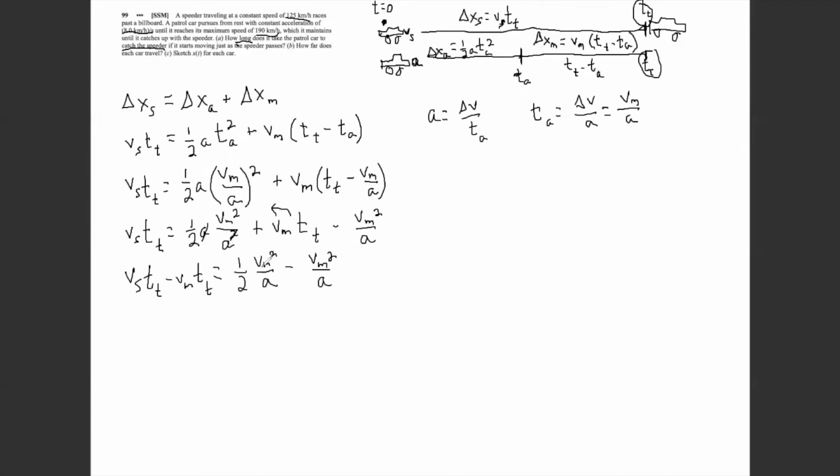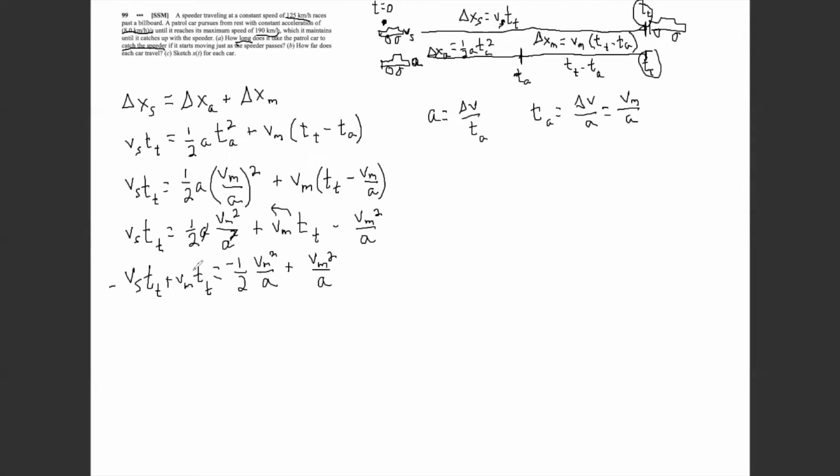Now, if you notice here, we've got a Vm squared over A and a Vm squared over A. So 1/2 minus 1, that's going to be a negative. So I'm going to just go ahead and multiply everything by -1. Make that negative, positive, negative, positive, right? And then things will reduce to positive values.